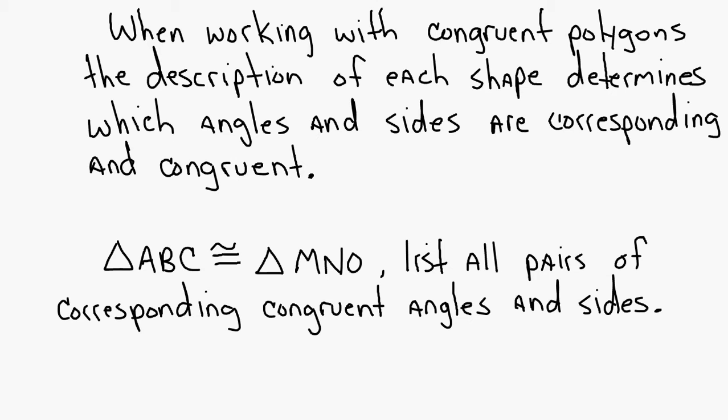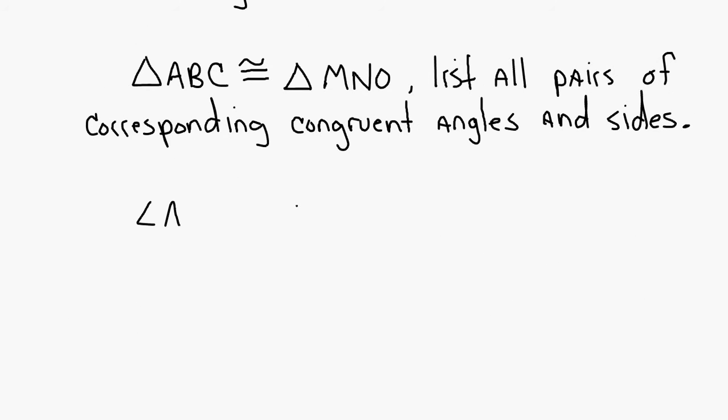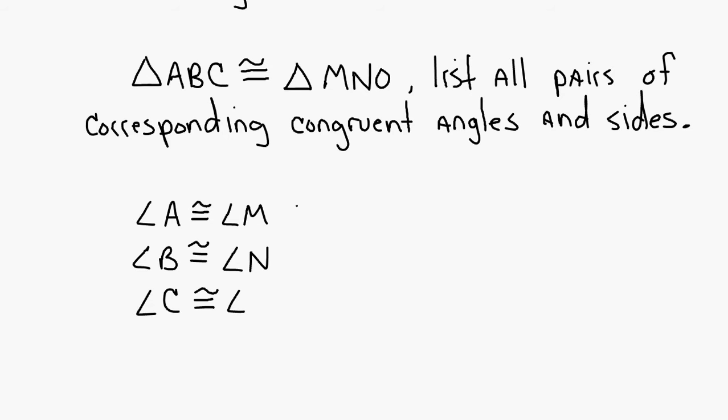If you're going to list the congruent angles in these two shapes, angle A is congruent to angle M, because they're both the first vertex listed in each description. So angle B is congruent to which angle? Angle N, very good. And angle C is congruent to angle O.